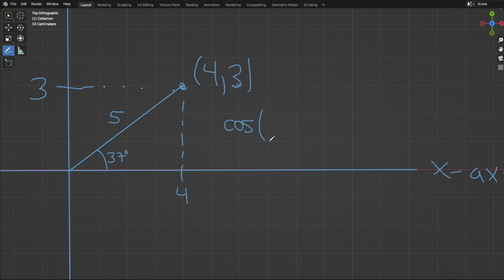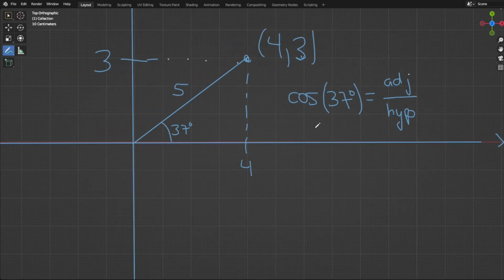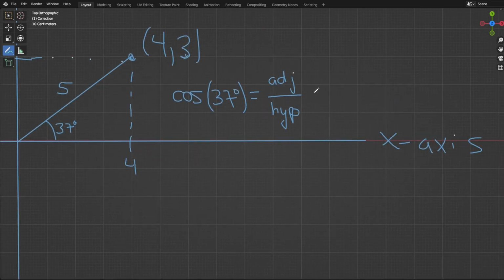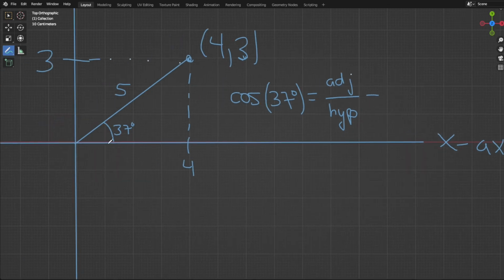Before, when we said the cosine of 37 degrees, we said it was equal to the adjacent over the hypotenuse. In this sense, we do have the hypotenuse right here at 5, but we're going to call it the radius instead. And then we do have the adjacent. In this specific example, it's 4. It's this one right here.